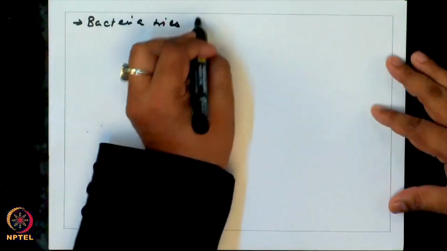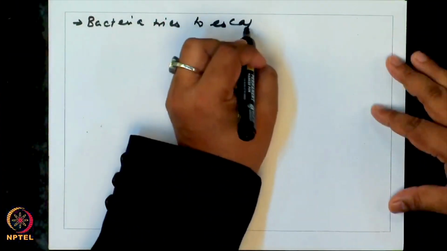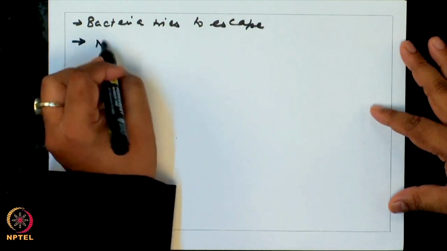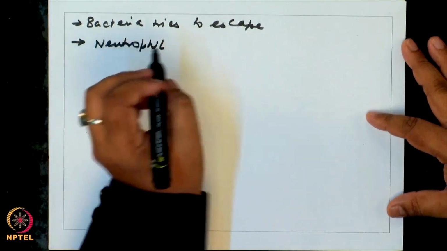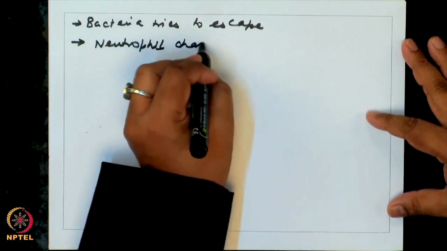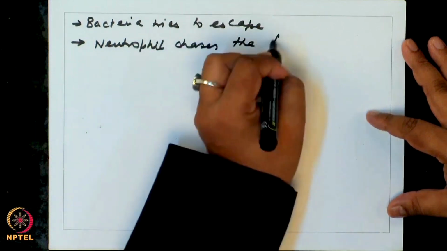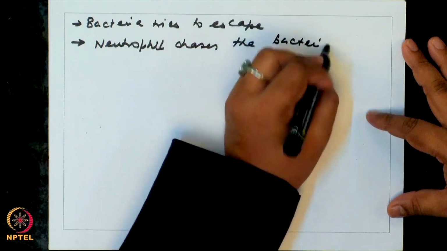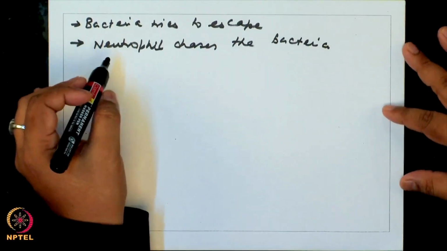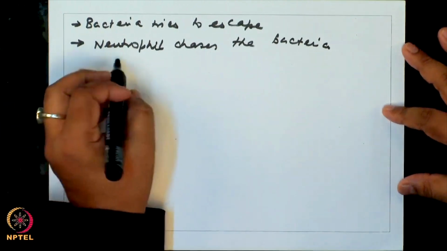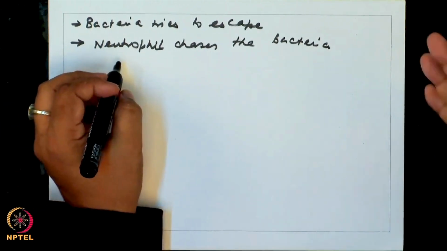Rather, what you will find is that the bacteria tries to escape and the neutrophil chases the bacteria. So, the process literally enacts like a cop chasing a thief. So, how is this process happening?